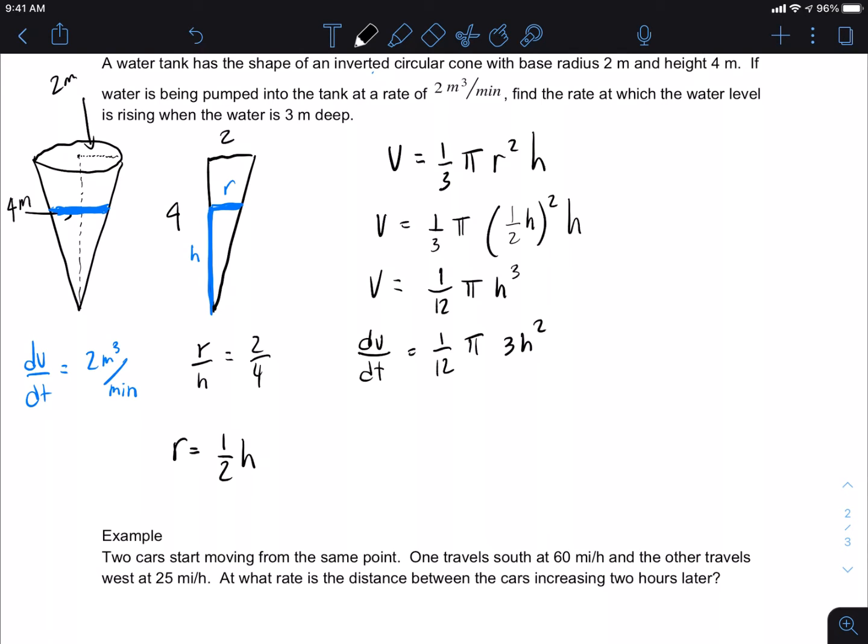So that becomes 3h squared because of the power rule. But then in the chain or implicit, I have to take the derivative of h with respect to t, so I get dh dt.